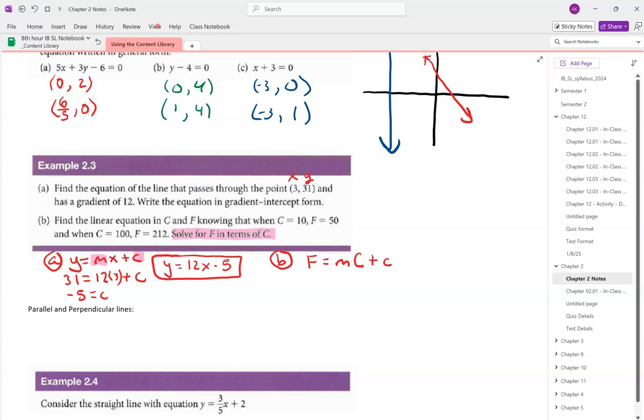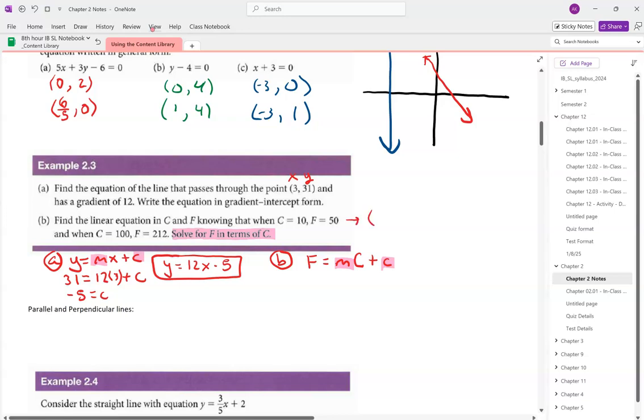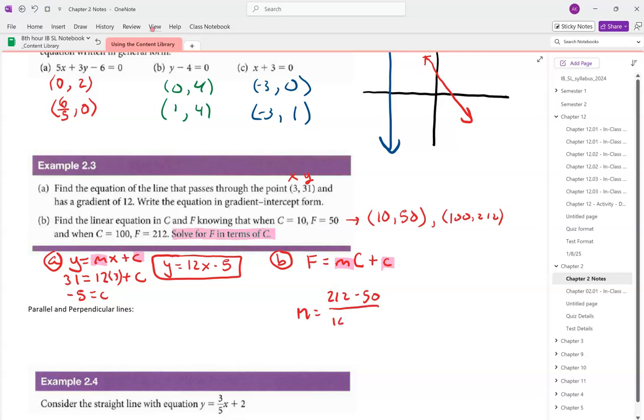Everybody feel okay there? So we need to find the slope and the y-intercept. How am I going to get the slope? I'm going to think about these as 2 points. So I'm going to just use my slope formula. So that gives me 9/5.